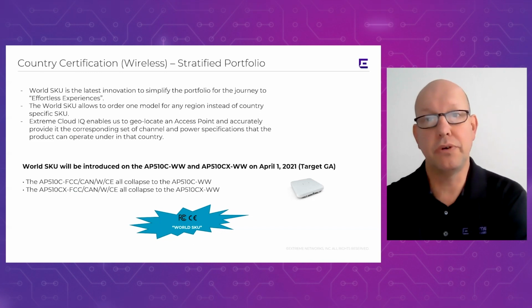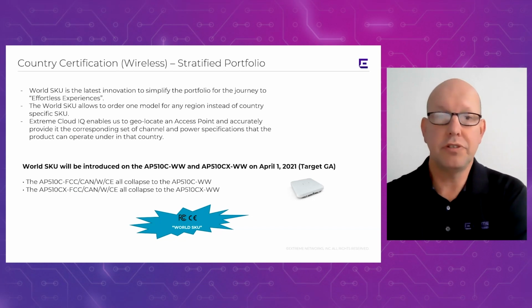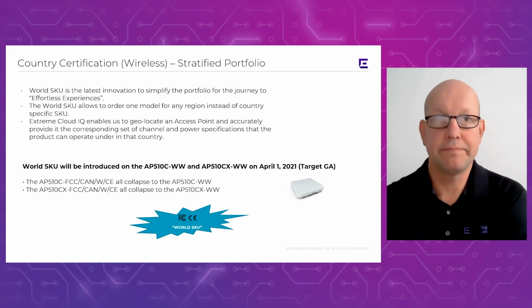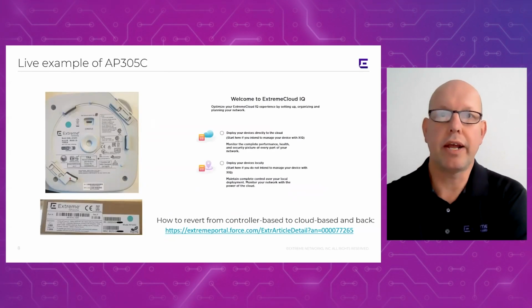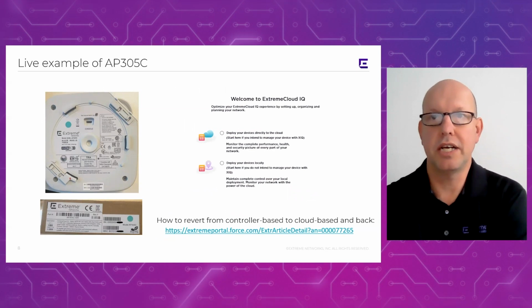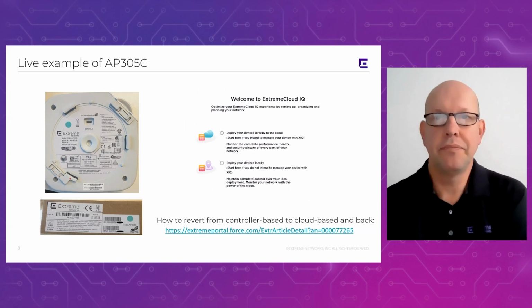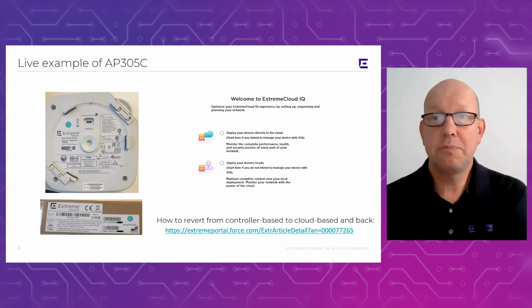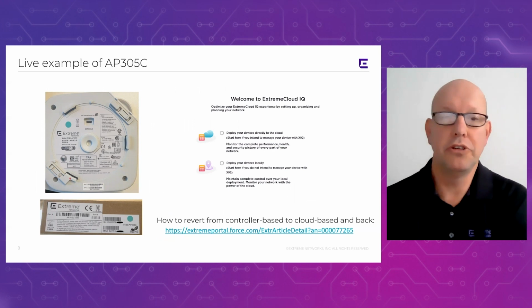As soon as the access point onboards in Xcyq, it follows the local regulatory domain rules from the country it operates in. So how do we recognize the newer access points that are dual boot capable and have more memory if we have the same model number? We decided to place a green sticker on the label of the access point, as well as on the outer label on the box.